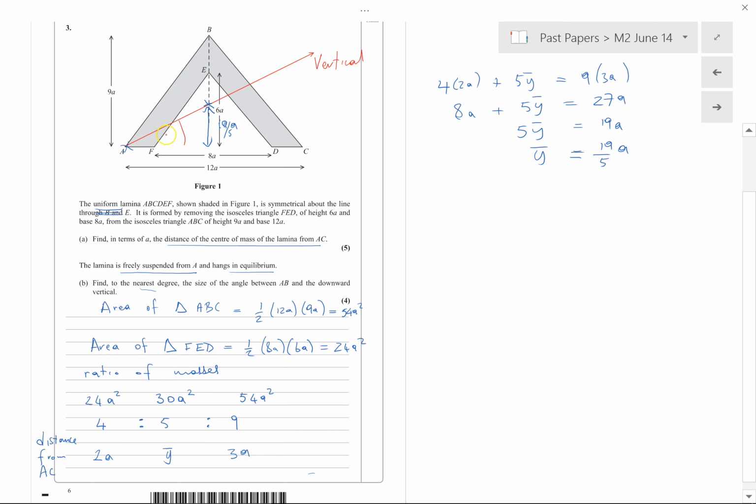Let's call that angle theta, say. And let's call the required angle we have, alpha. If we work out theta, we can use the centre of mass there. We can also work out alpha, because you'll notice you can work out the whole angle.